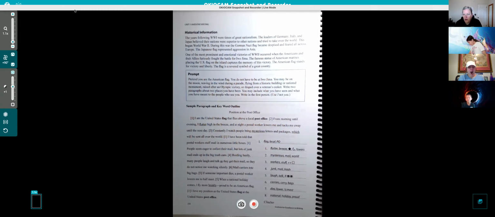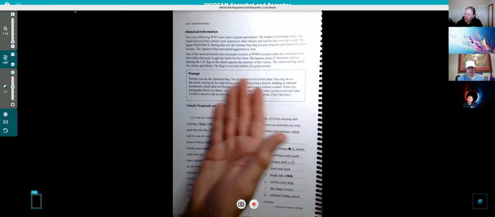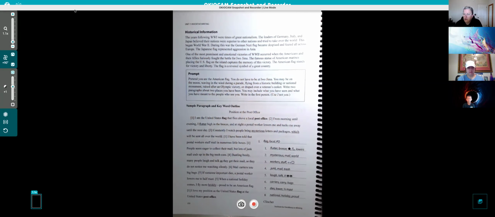So basically you're going to pretend like you are the American flag. So this is going to be a made up story. And they gave you some examples of where the flag is seen. And you are going to decide where you are as the flag and your perspective as a flag.